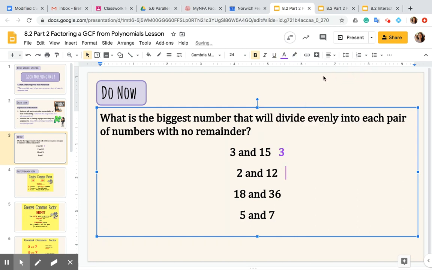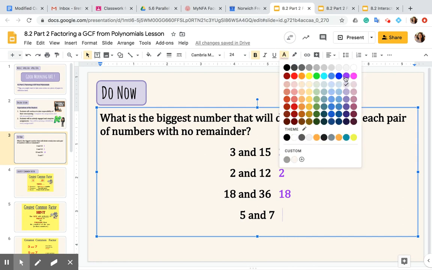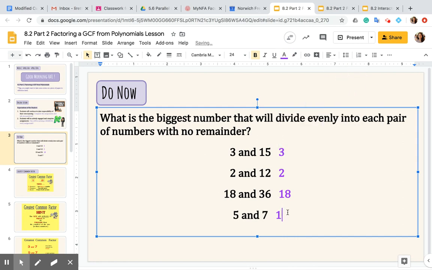The biggest number that will divide into 2 and 12 is 2. The biggest number that will divide into 18 and 36 is going to be 18. And the biggest number that'll divide into both 5 and 7 is just 1. Okay, I can't use 5 because 5 can't go into 7. I can't use 7 because 7 can't go into 5.